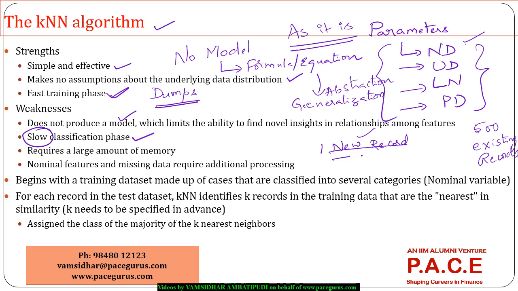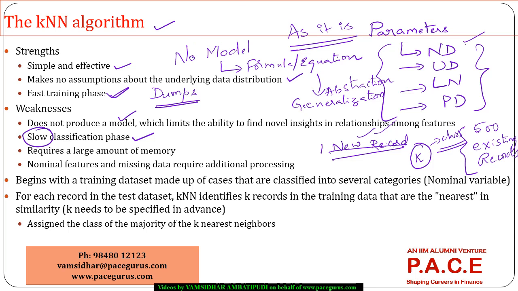So the one new record for which I want to do the classification, it will compare this with all the 500 existing records. Then it will identify which k items are the nearest neighbors to this record, and based on that it will see the class of these k items, and whichever class is the majority class, it would do the classification accordingly. So for each new record, this is the total process that happens when it has to do the classification. So that's the reason we say the classification phase is very slow.